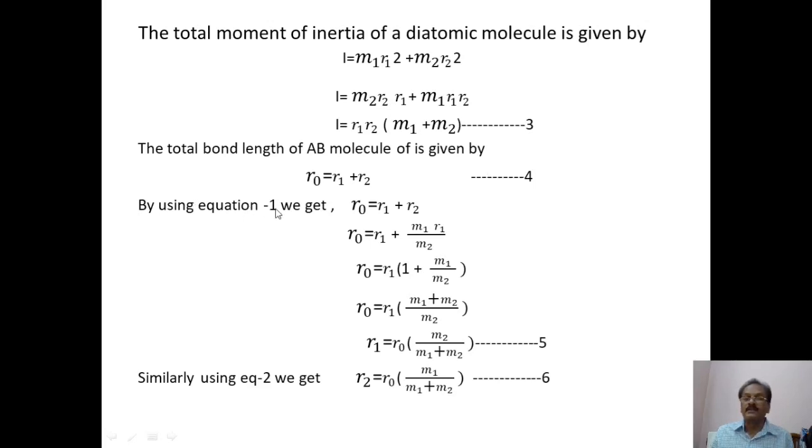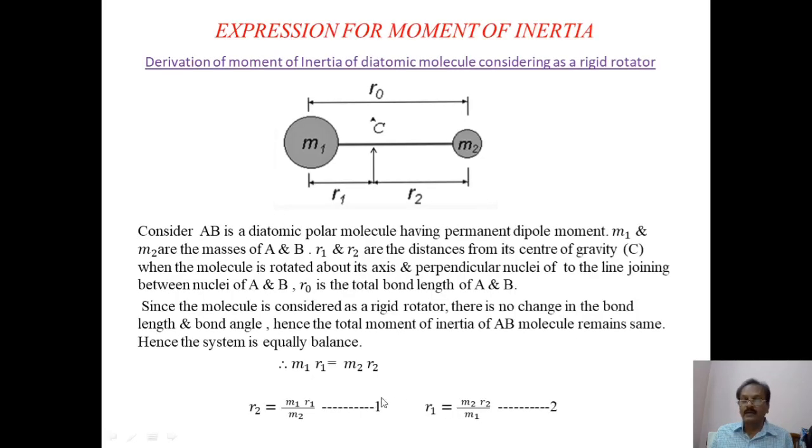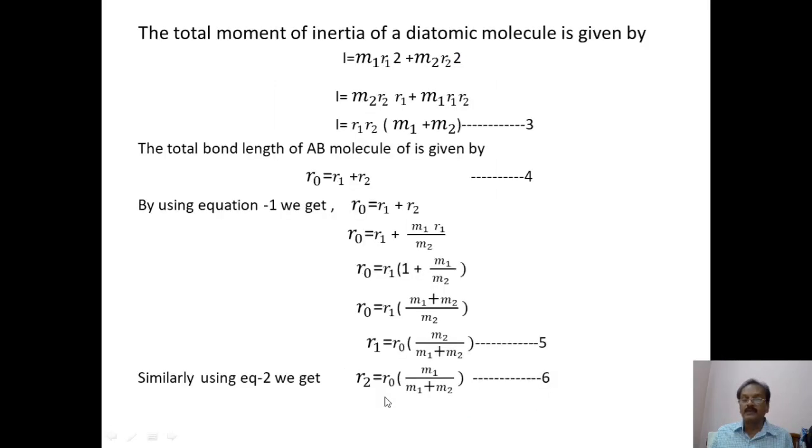By using equations 1 and 2, substitute them. So R0 is equal to R1 plus M1 R1 divided by M2, taking R1 common from these two terms, so 1 plus M1 upon M2, which you have simplified.